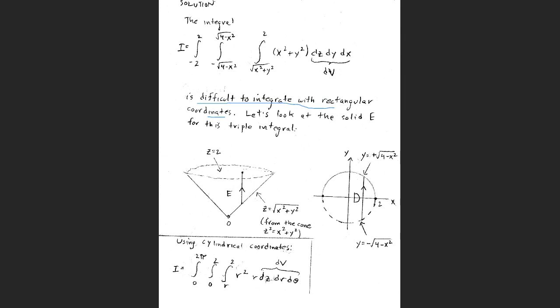Well, this is the solid right here, and we talked about it. Solid E is a solid formed by having a cone on the bottom and a horizontal plane z equals 2 on the top. And if you project that solid E into the xy plane, it's going to trace out this region D.